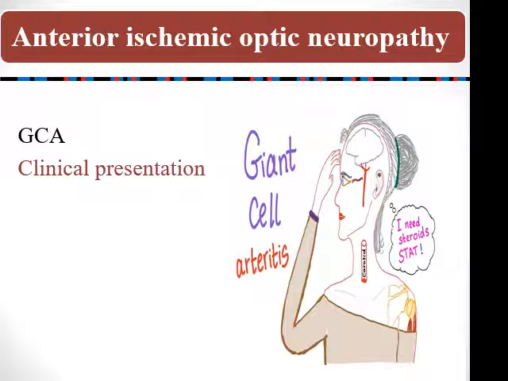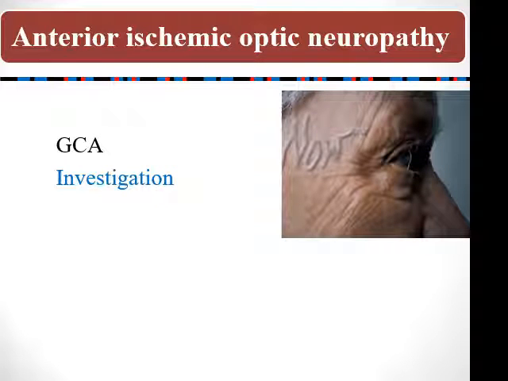The disease is both life and sight-threatening. Examining the superficial temporal artery is a good diagnostic tool. The artery is thickened, inflamed, and tender in cases of giant cell arteritis.